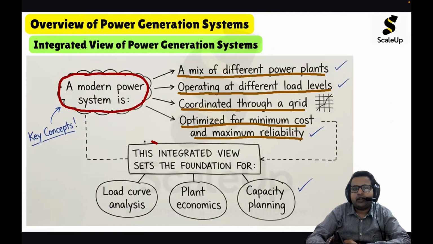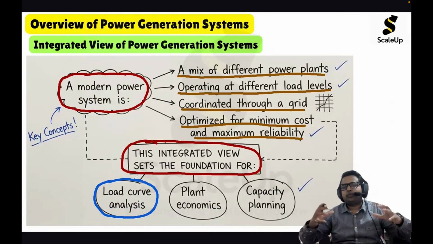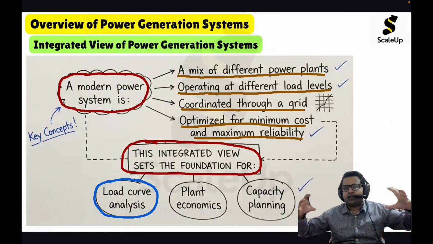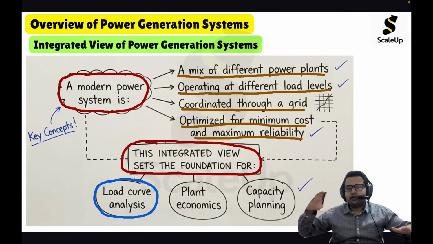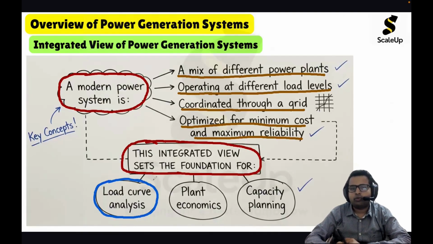So this integrated view which we saw sets the foundation for load curve analysis because of the electric grid, because the power plants are interconnected through the electric grid. We can balance the demand and supply. We can also perform load curve analysis.